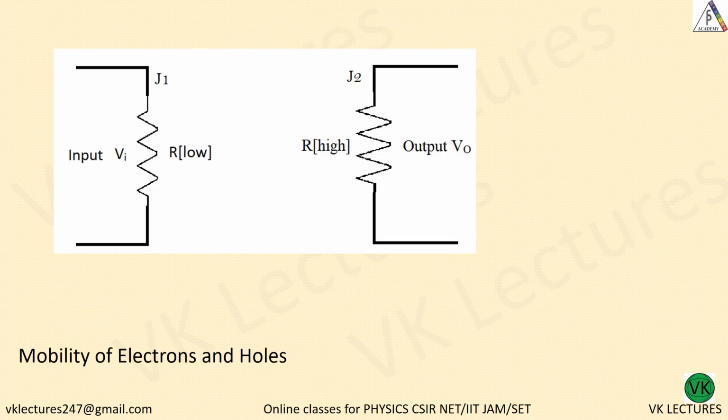Mobility of electrons is high. That means they can move through the crystal quickly. That is why most of the time we will use an NPN transistor rather than a PNP transistor. This was also one of the questions asked in interviews.